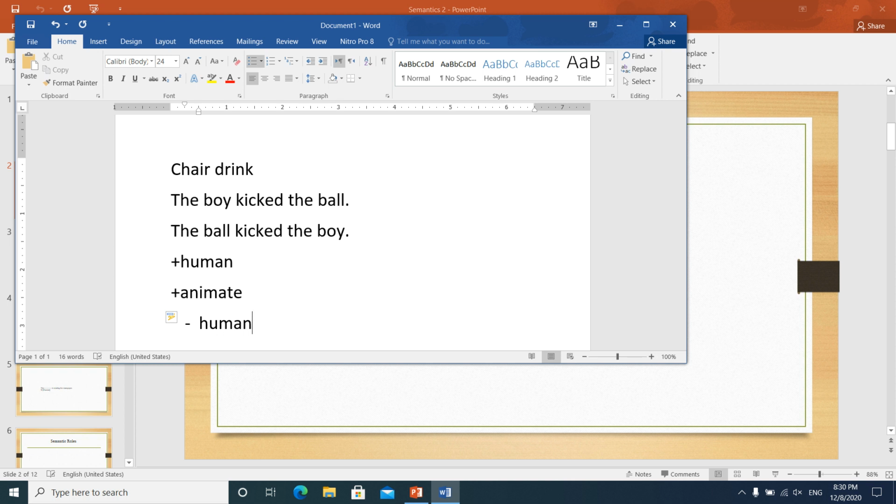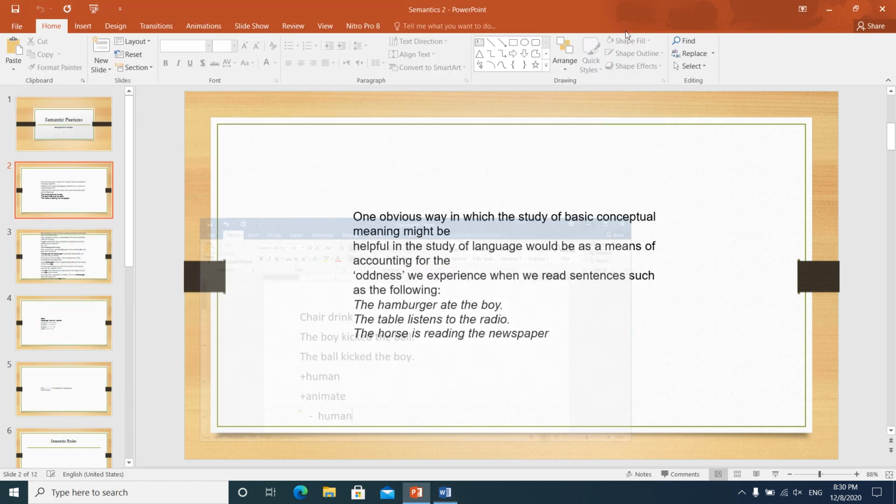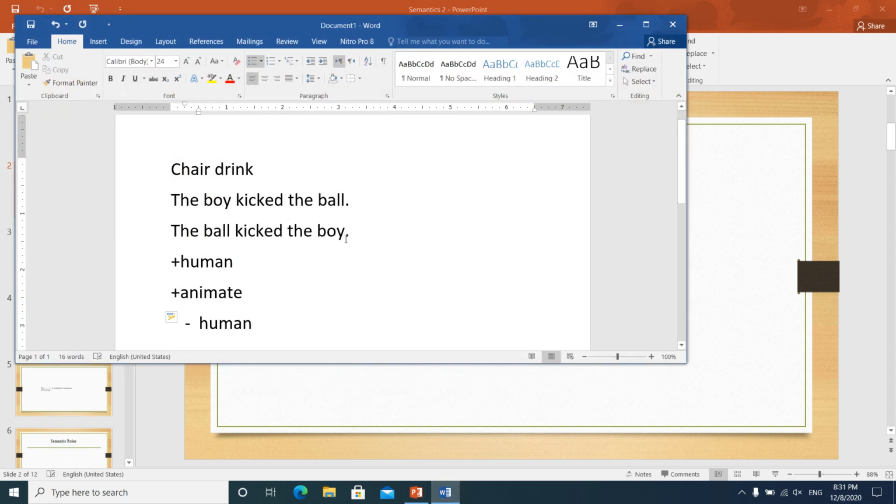That's why native speakers can produce sentence 1 but cannot produce sentence 2. Always there are semantic features that we use in order to put our words together to make full sentences and grammatical sentences.